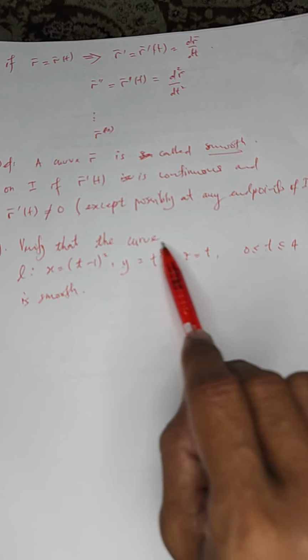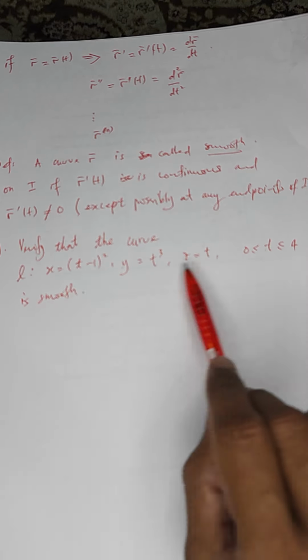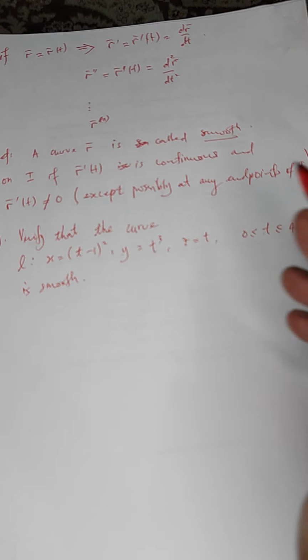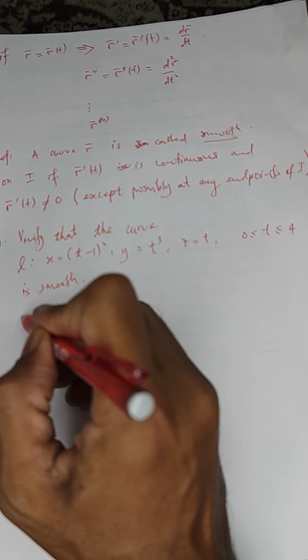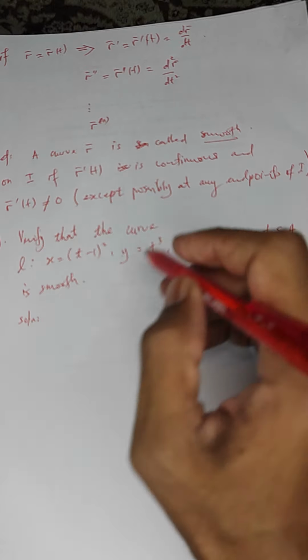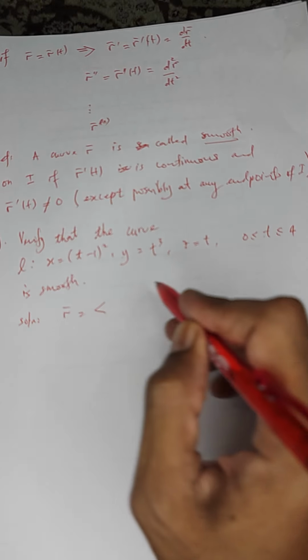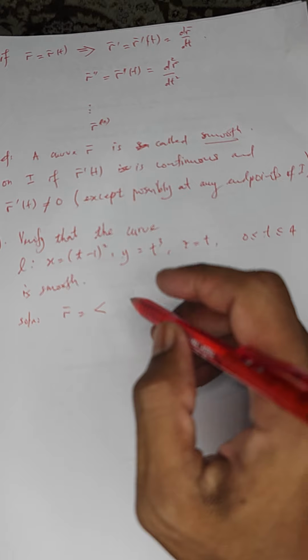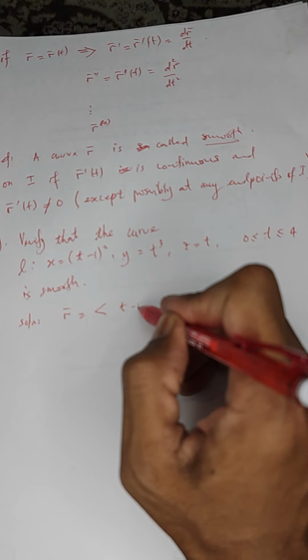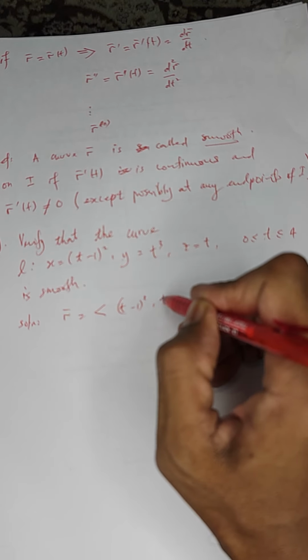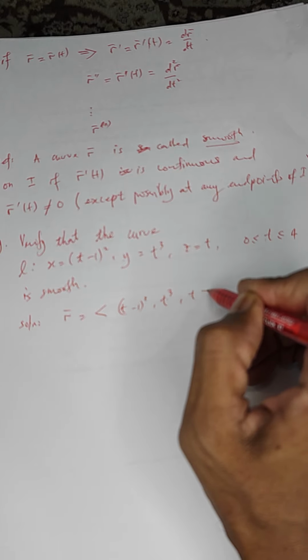So if you write this as a vector function, we have R equal to x(t), y(t), z(t). So each of those we have t minus 1 squared, t cubed, and t.